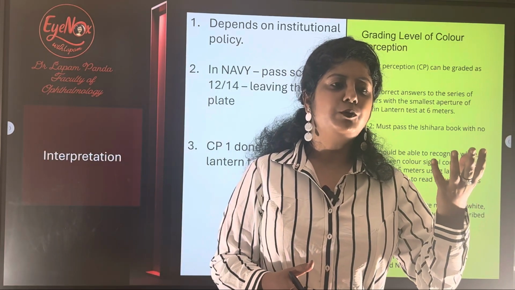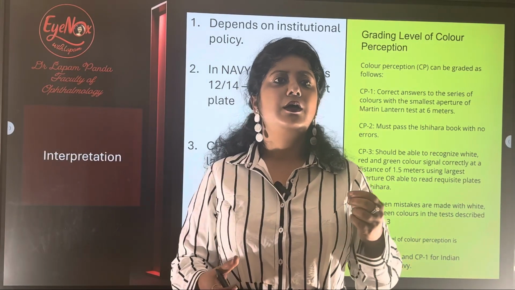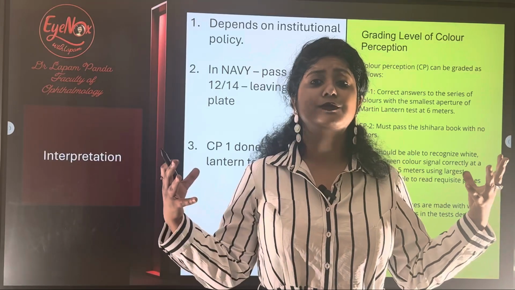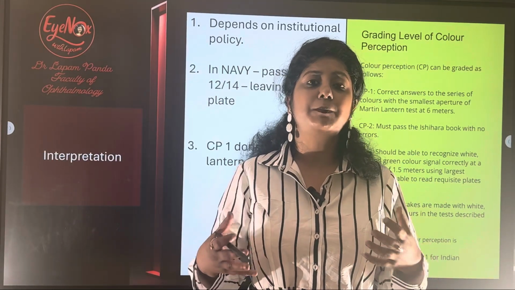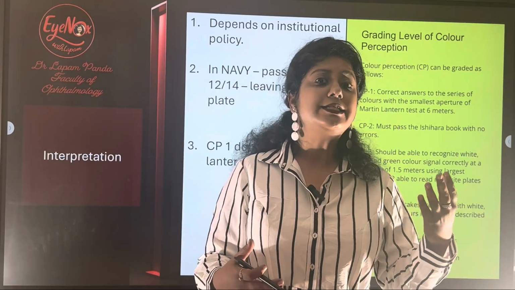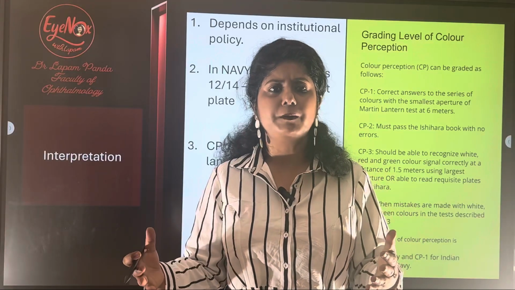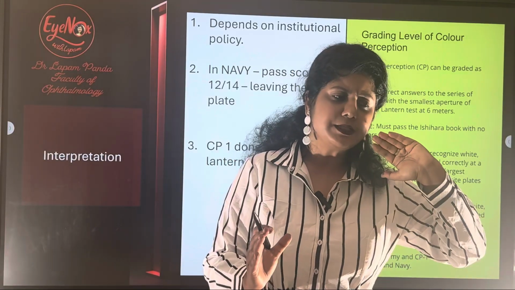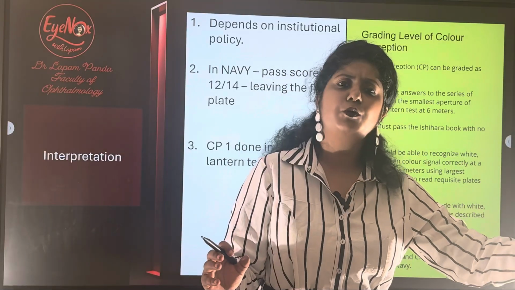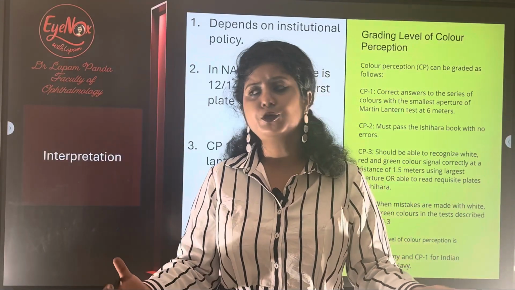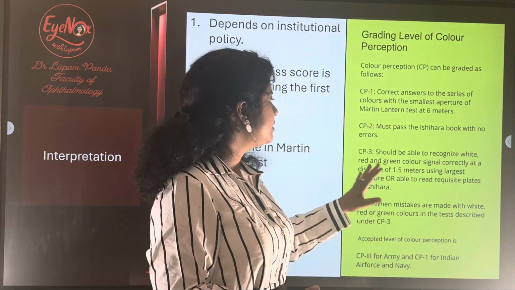For example, in India we have CP1, CP2, CP3, CP4, and we say that CP1 has the most stringent guidelines, and CP1 can be applicable for Army and Navy, and CP3 can be CP1 for Navy and Air Force, and CP3 for Army. But again, as I said, it depends upon the profession, it depends upon the country. So whenever you're testing, for example, if you're working in an Army hospital, accordingly you have to do it. If you're working in a Navy setup, accordingly you have to give a judgment. So this is how we do it.